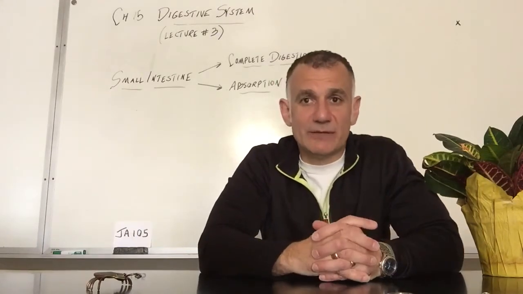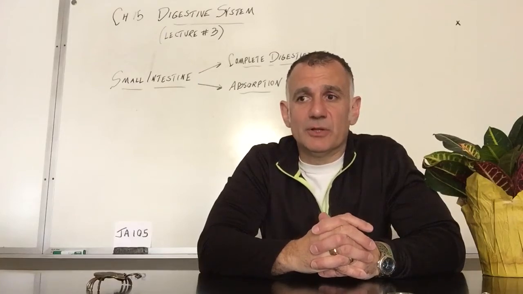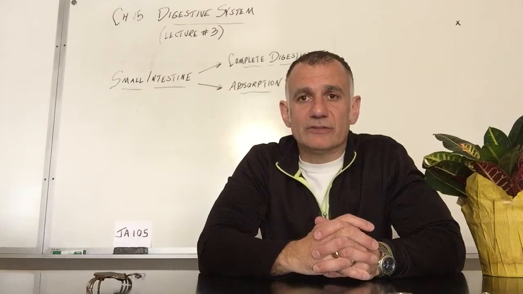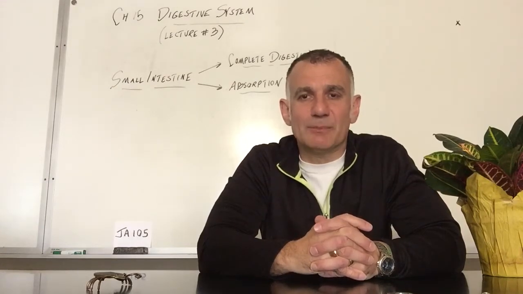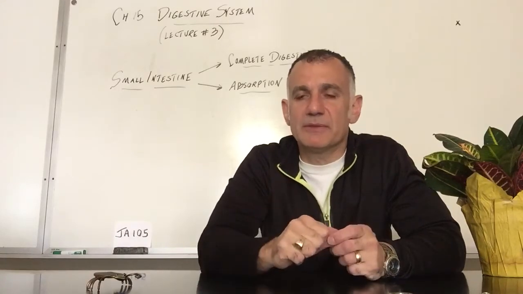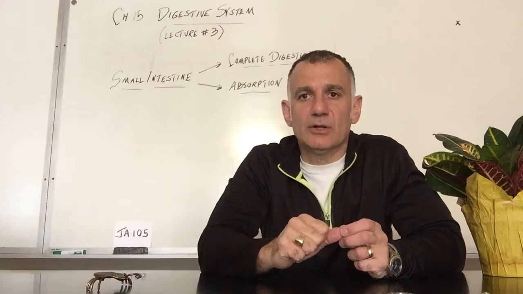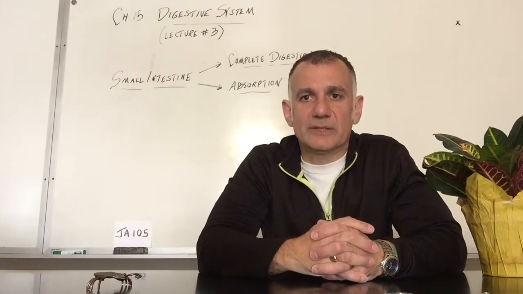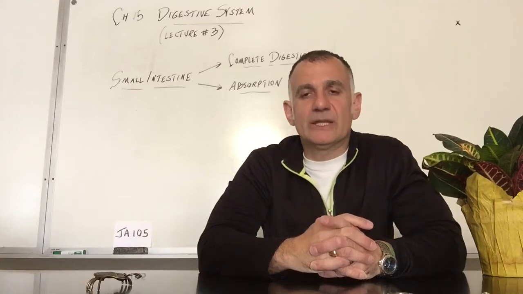The small intestine is not named for its length. The small intestine is 15 feet long on average. It's coiled up in the middle part of your abdominal pelvic cavity. It's named for its diameter, a little bit bigger around maybe than your thumb. Small tube, again, that coils up in the central aspect of your abdominal pelvic cavity.